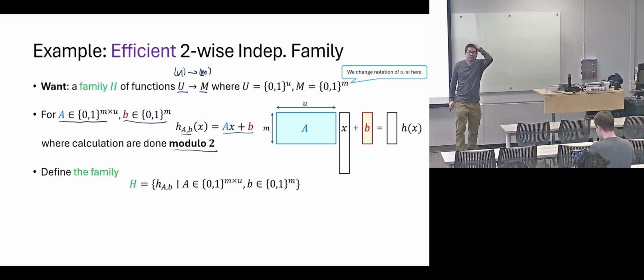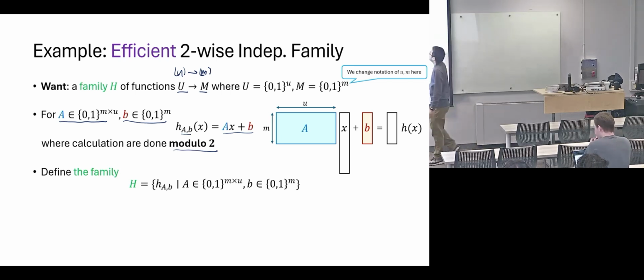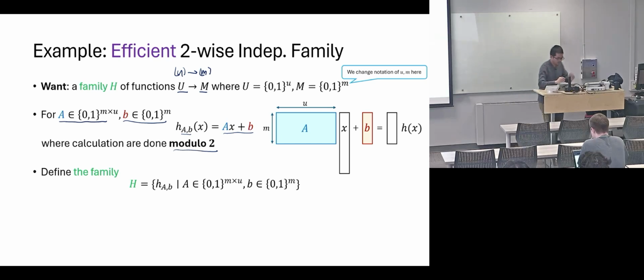Sorry, what's the notation again for the bracket U? Bracket 0, 1, and then... Oh, this one? This is the set of bit strings of length u.